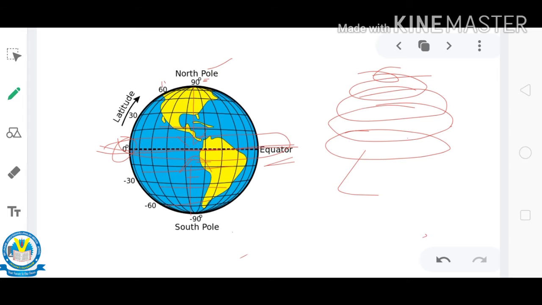The equator is the largest among all the latitudes. This is the largest circle.